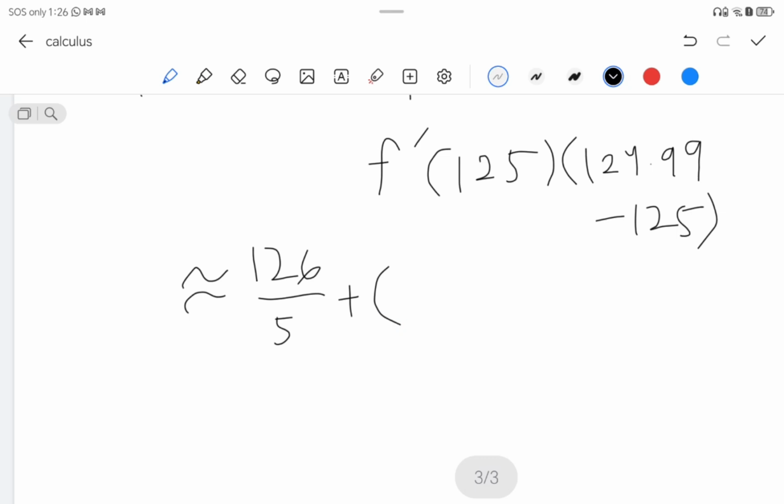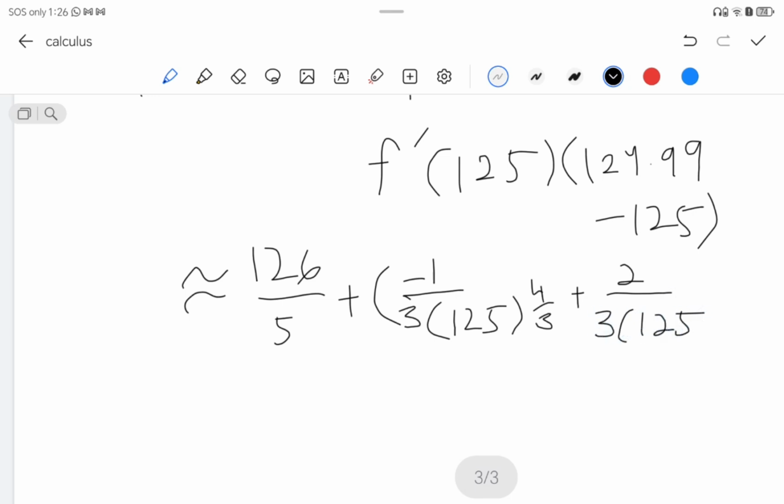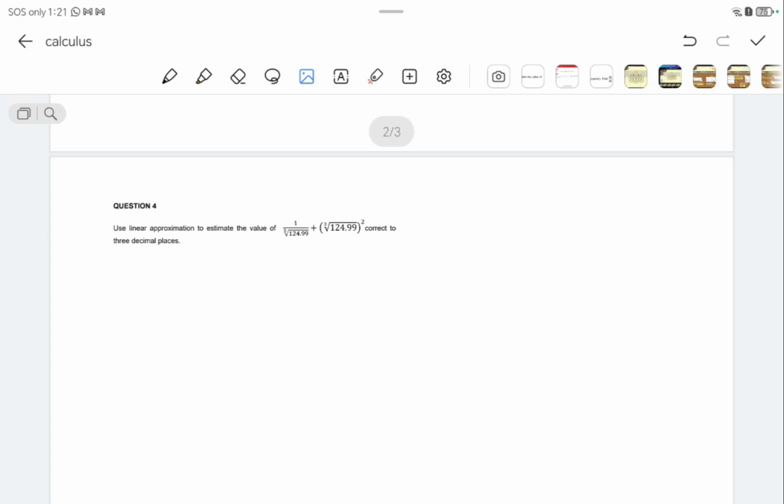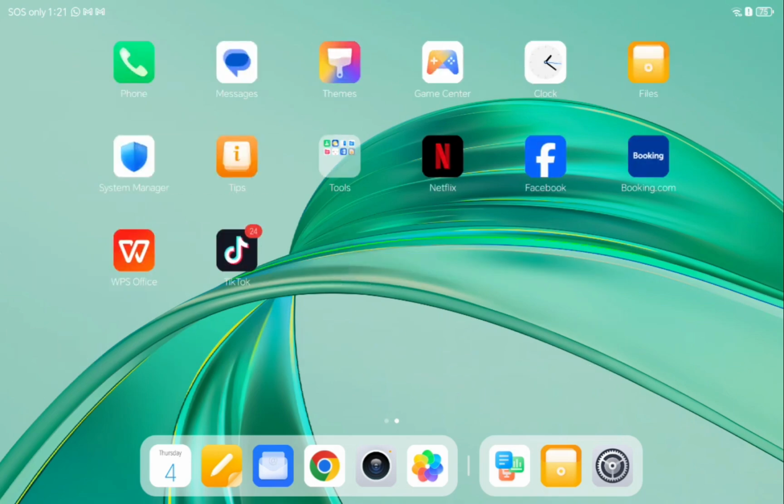So let's add the numbers into f, which is 126 divided by 5 plus the quantity negative 1 divided by 3 times 125 to the power of 4 over 3 plus 2 divided by 3 times 125 to the power of 1 over 3, multiplied by negative 0.01. So the final approximate result is 25.1987.